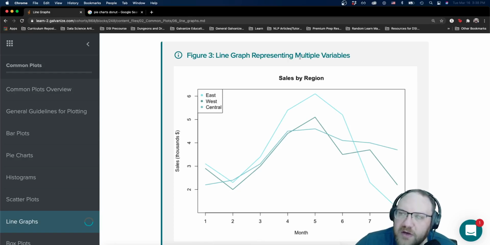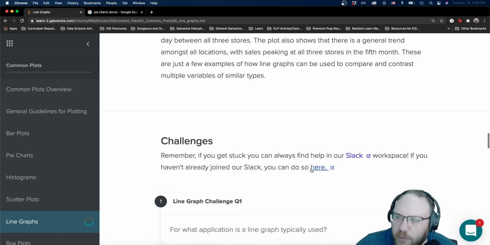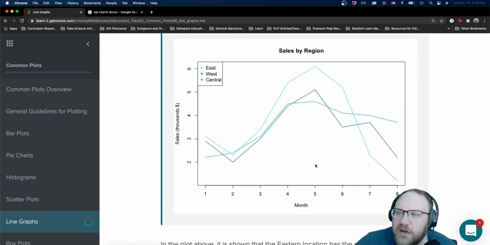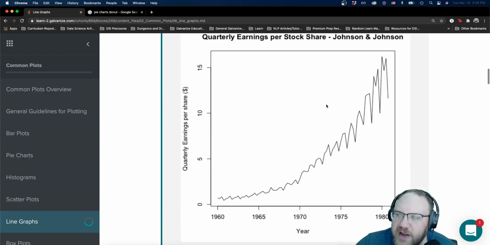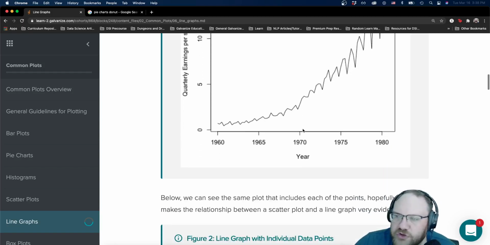So we can represent multiple sort of subcategories of the same variable on the same line plot, which can be informative. There are stacked line graphs that fill an area. There's a whole bunch of different variations, but I think these two or three variations that are described here are sort of the bread and butter of what you're going to use.